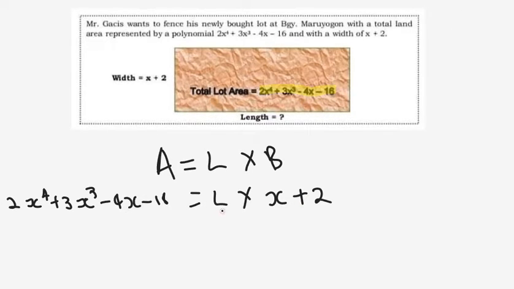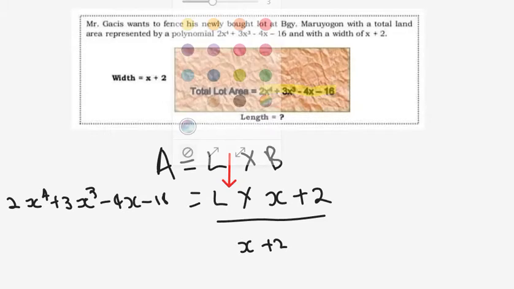Then the next step, you have to make L the subject of the formula, since it's what we're looking for. This is simple: you have to divide both sides by x plus 2.